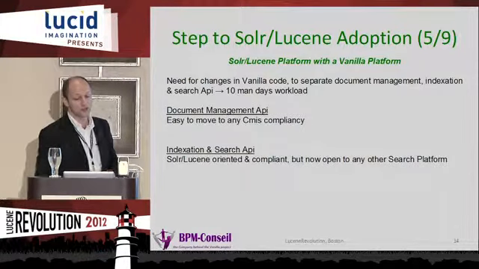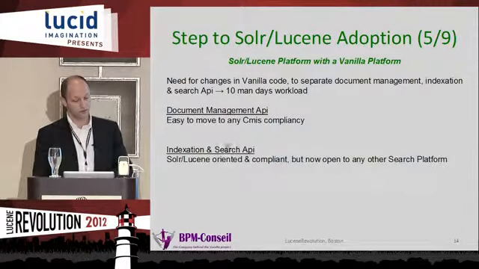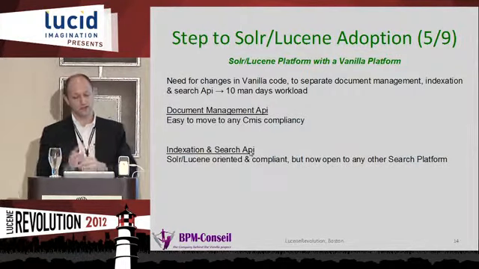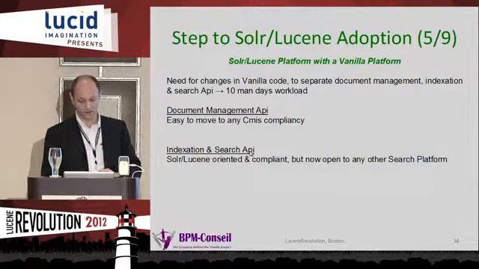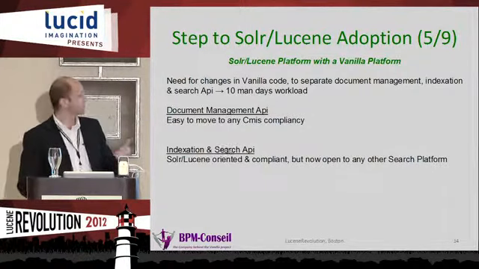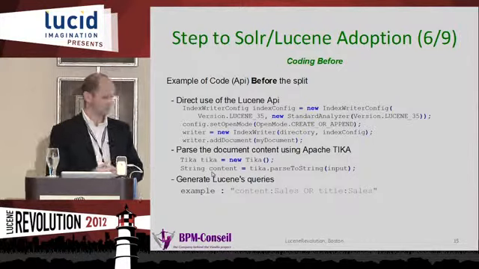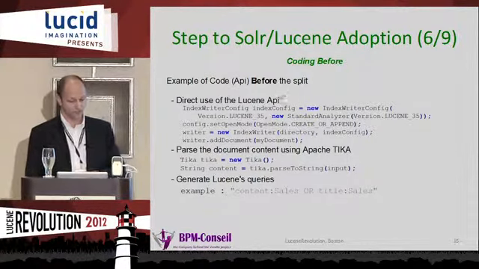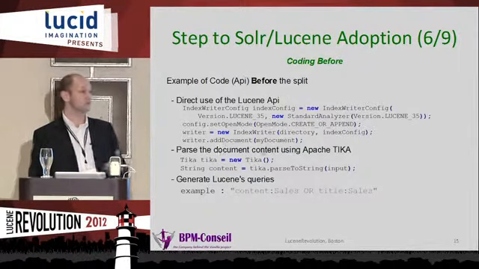So for indexation and search engine, we had to rewrite this API to make it better compliant with the Solr Lucene external platform. Some example of code: before, we used the direct API. We parse the content using Apache Tika.